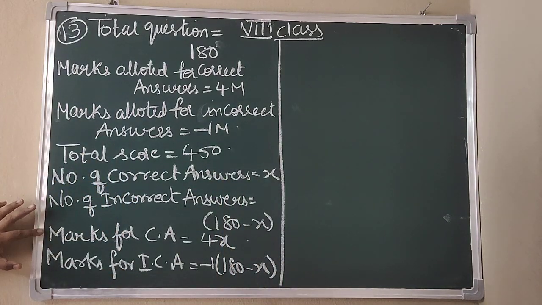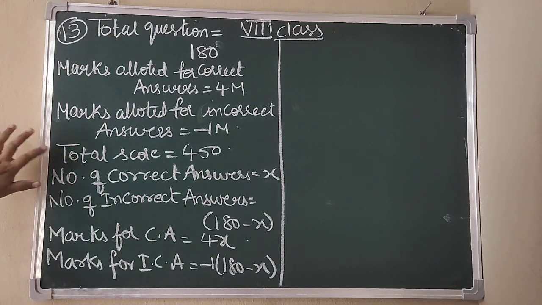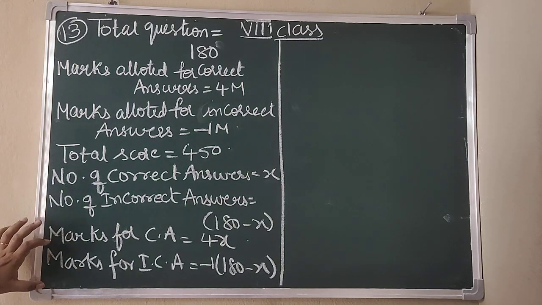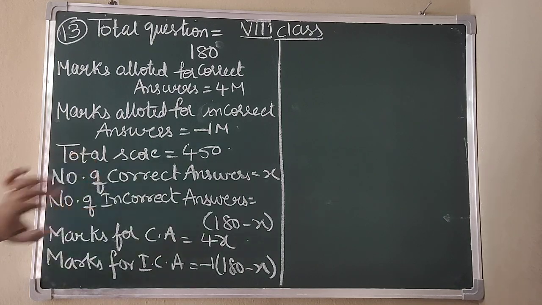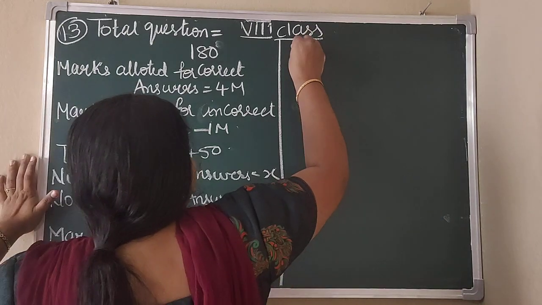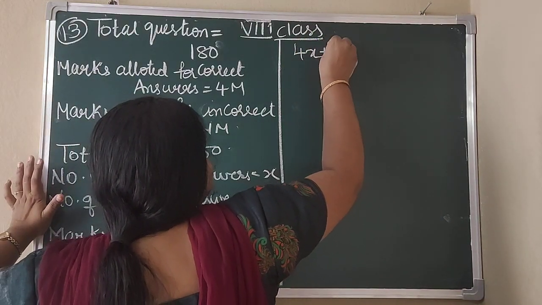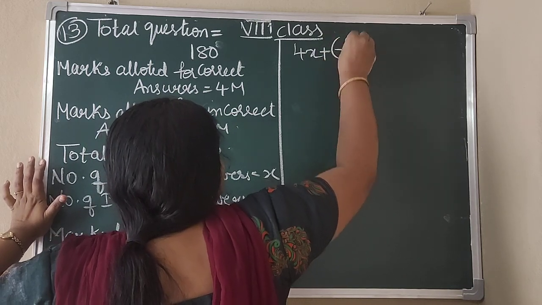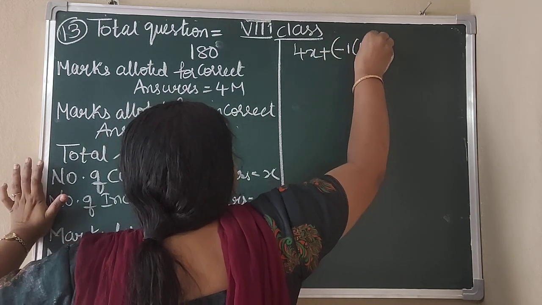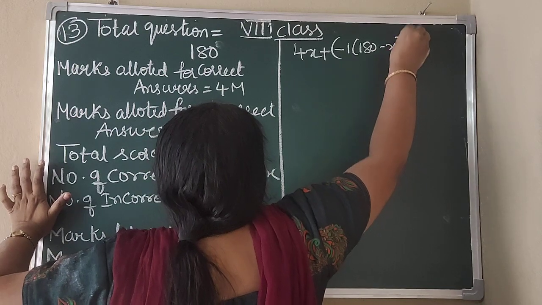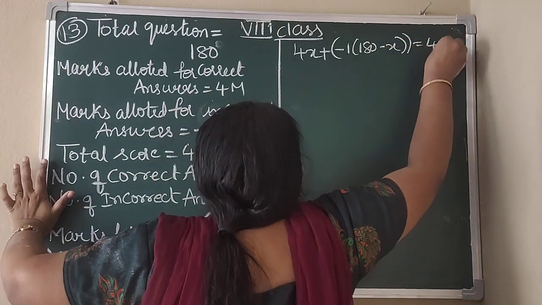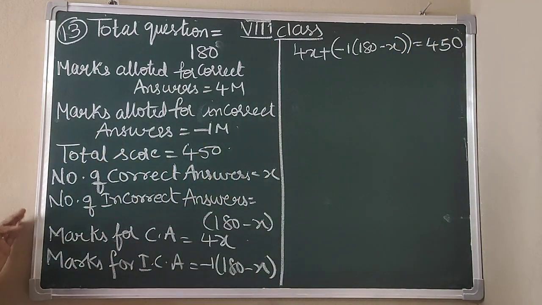So these are the marks, these are also marks, and the total marks is 450. So we have to add these two and equate to 450. That will be 4x plus -1 into (180 minus x) equals 450.